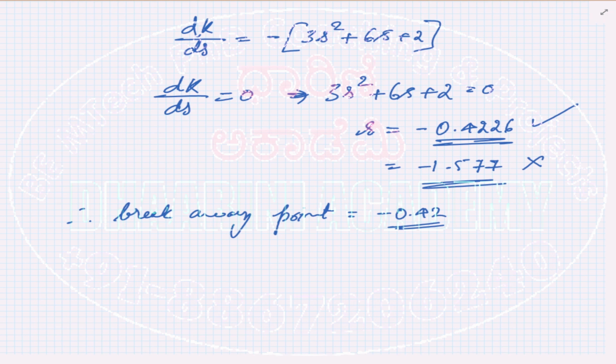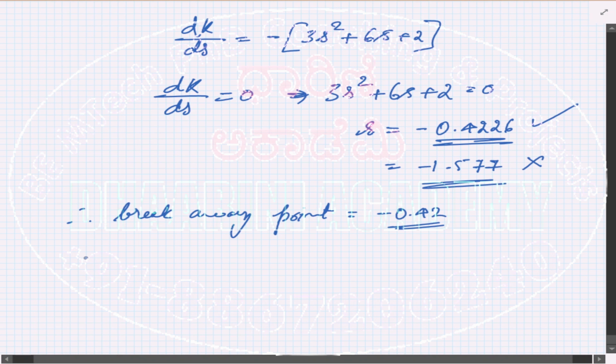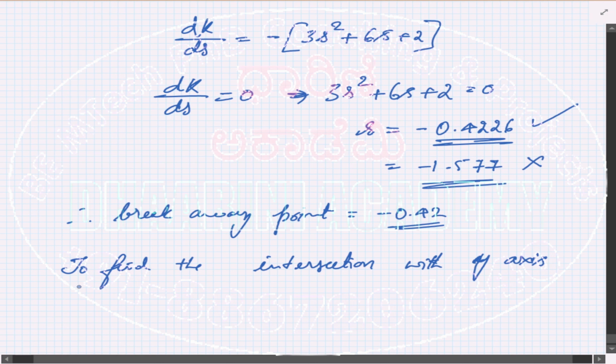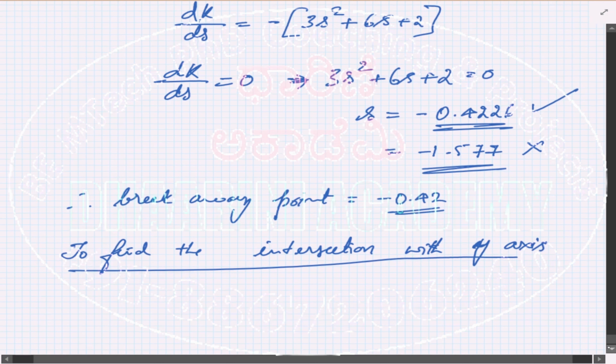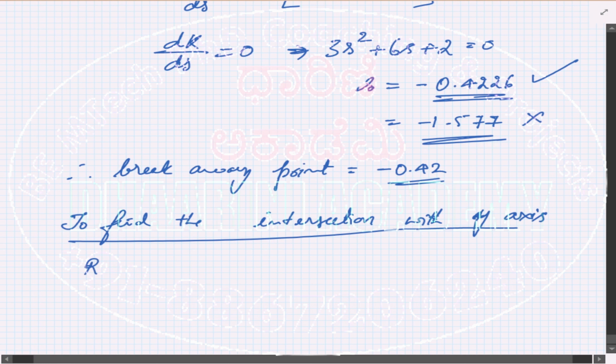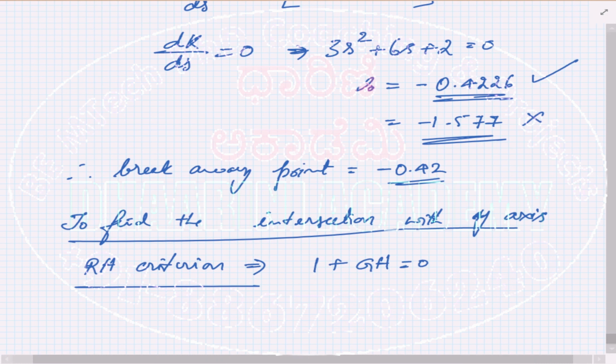This is to find the intersection with the imaginary axis or y-axis. To find the intersection with the y-axis, the RH criterion needs to be applied to 1 plus GH equal to 0.